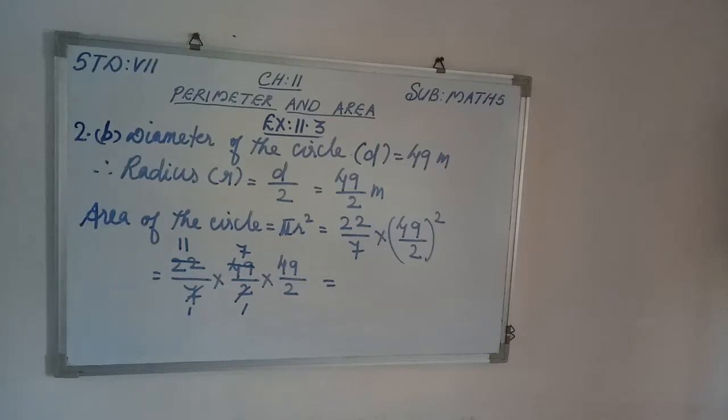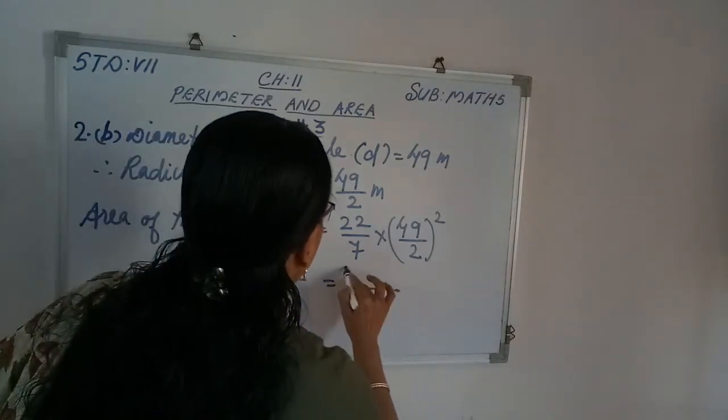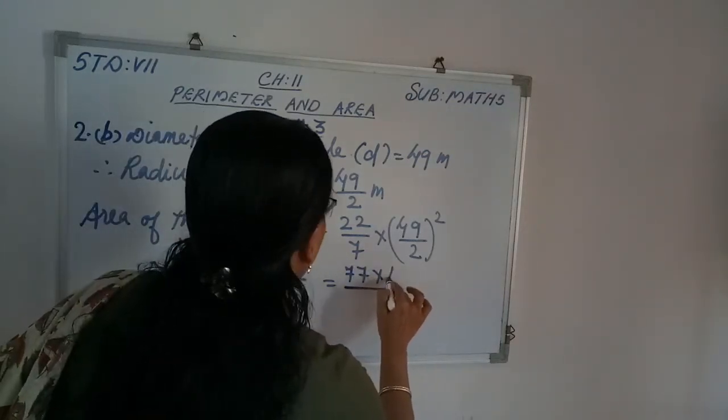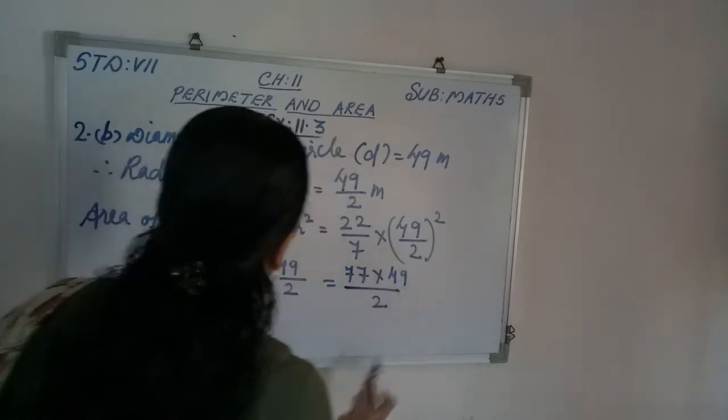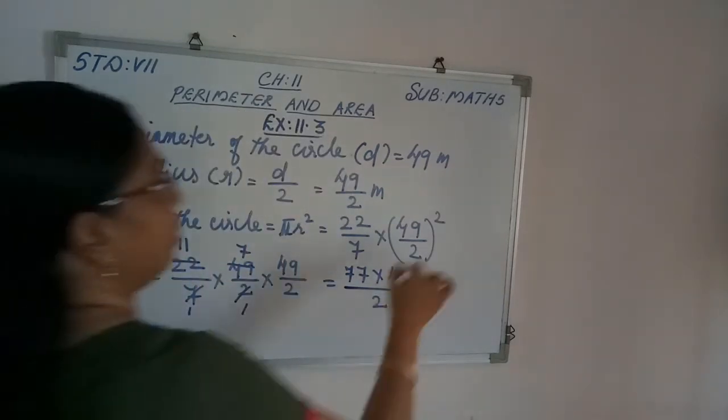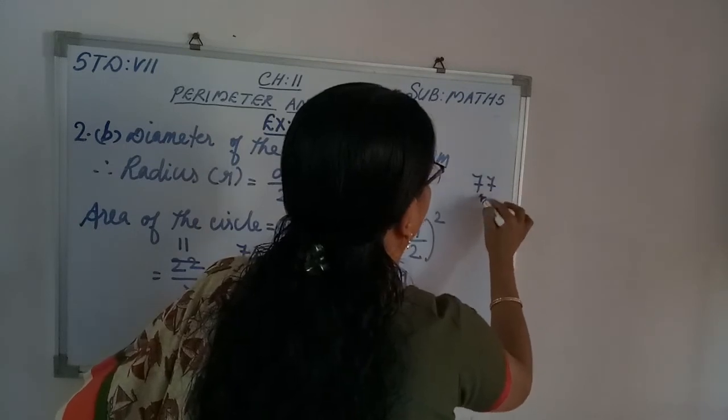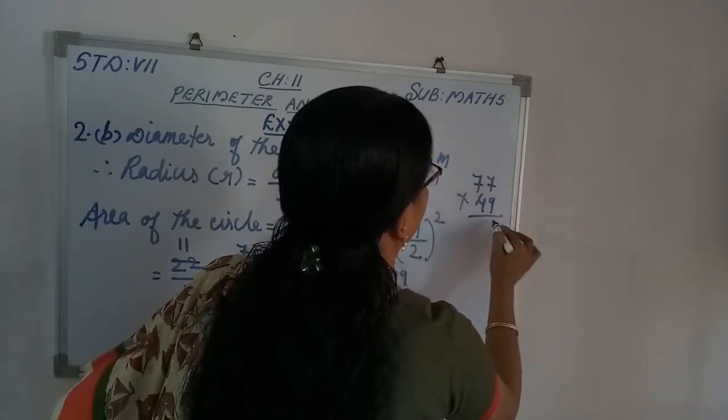Okay, now we cannot simplify that. So multiply and divide. So 77 multiplied by 49 upon 2. That's equal to 77 multiplied by 49. Calculate.